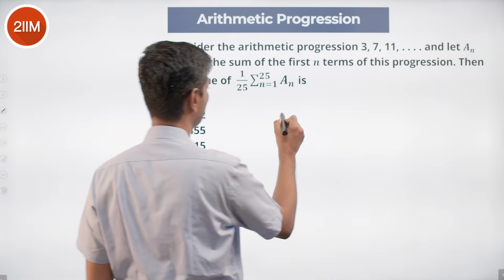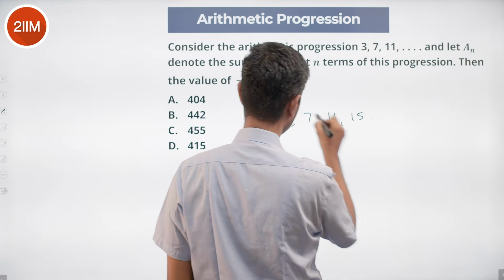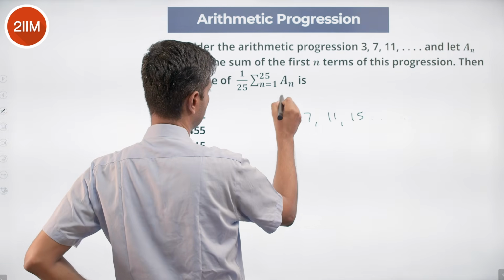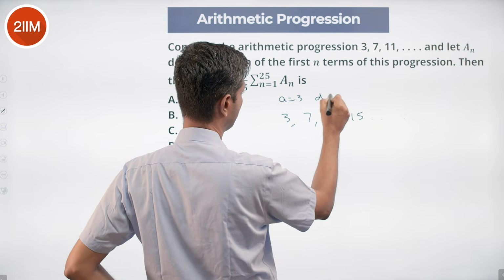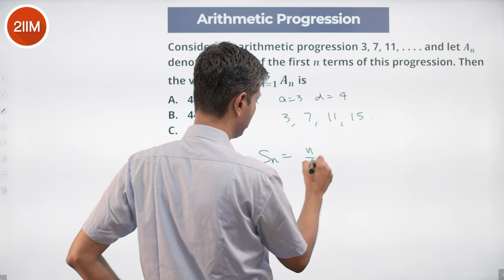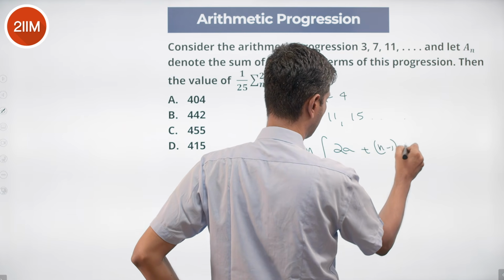So the progression is 3, 7, 11, 15. First term is 3, common difference is 4. Sum up to n terms is n by 2 times (2a plus (n minus 1) into d).